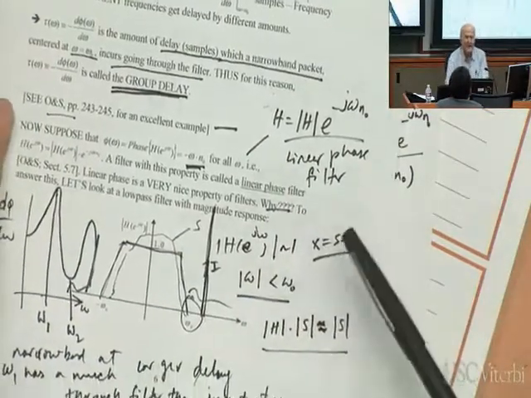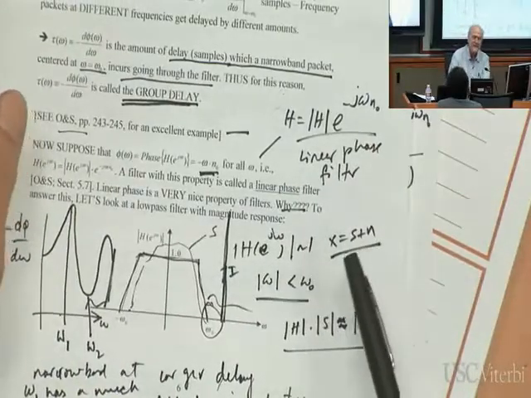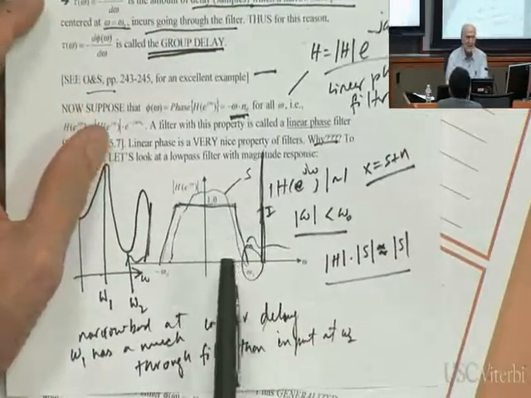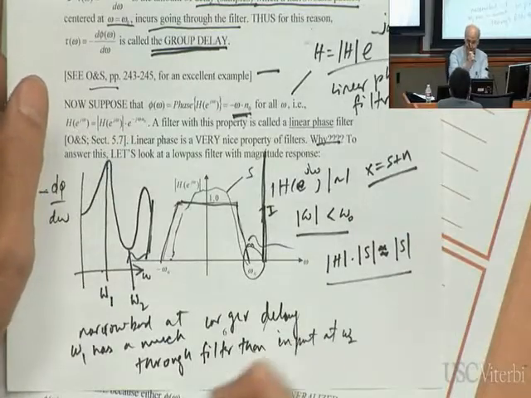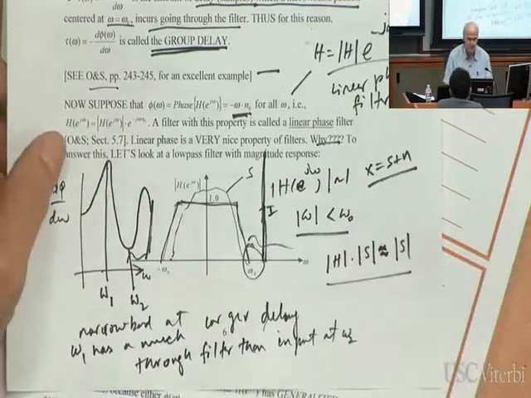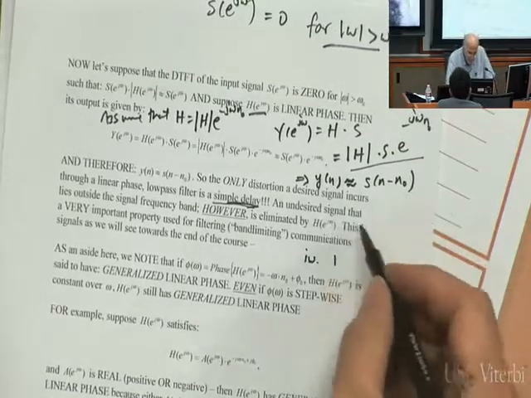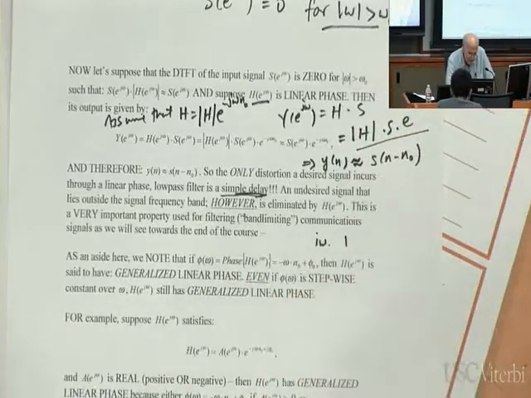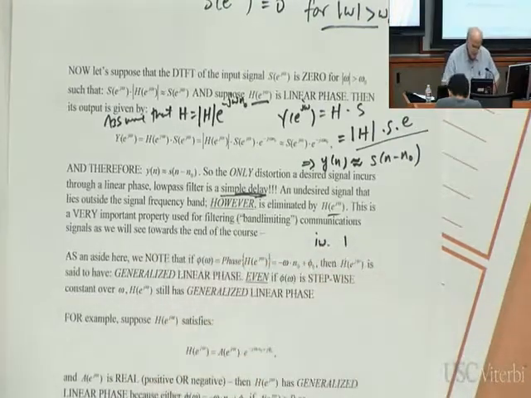And the N could be narrowband interference, and we will assume that the DTFT of N is zero inside the passband, or very small, and is nonzero outside. That's when you need the filter. So in that case, an undesired signal that lies outside the signal frequency band is eliminated by H of e to the j omega. This is a very important property.